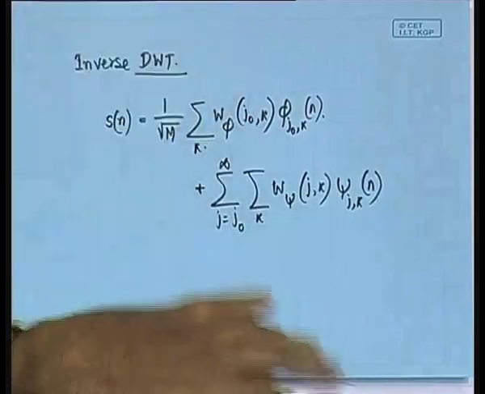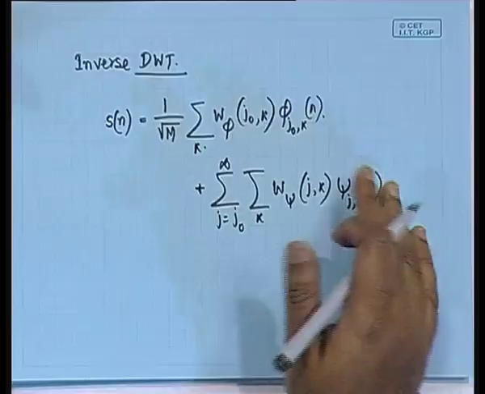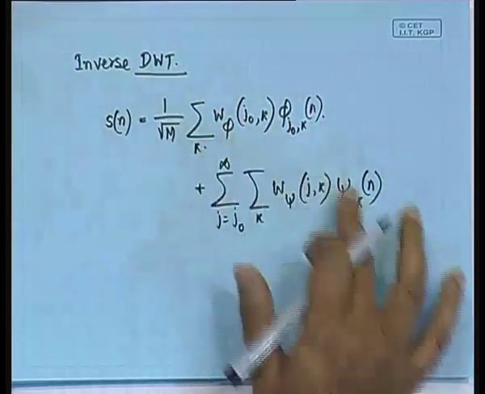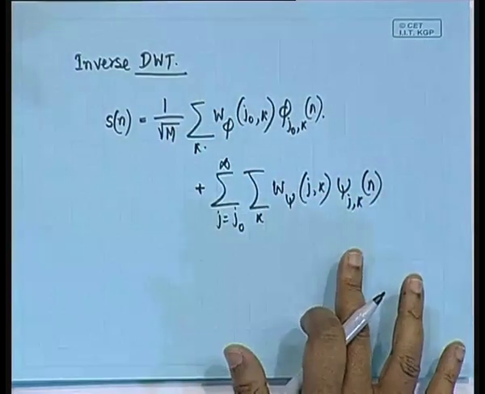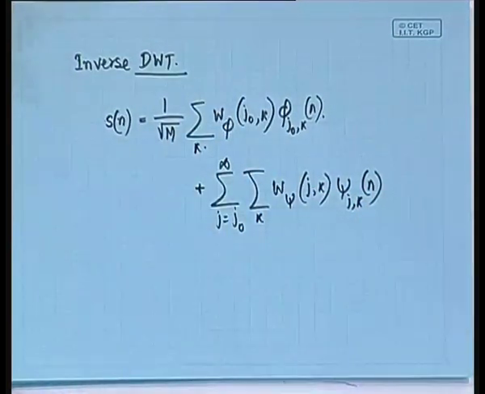The transformation kernel is this phi j0 k and these psi j k's. These are the transformation kernel, and this is the inverse transformation kernel. In this case the functional form of the inverse transformation kernels are also the same. So, using this it is possible for us to realize this S of n, right.